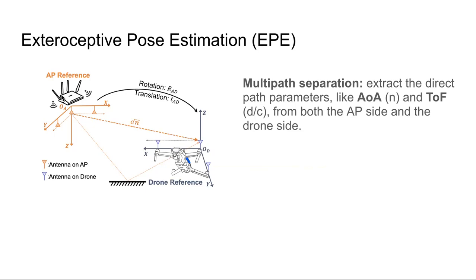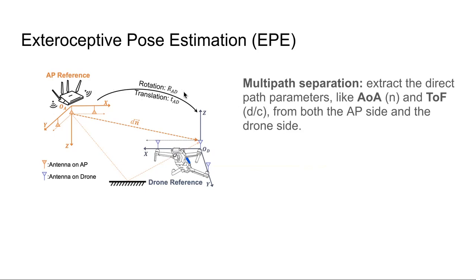One is the rotation, the other is translation. R_AD is the rotation from the access point to the drone, and the translation from the access point to the drone's coordinate is denoted as T_AD. Just to remind that T here is translation, not time.